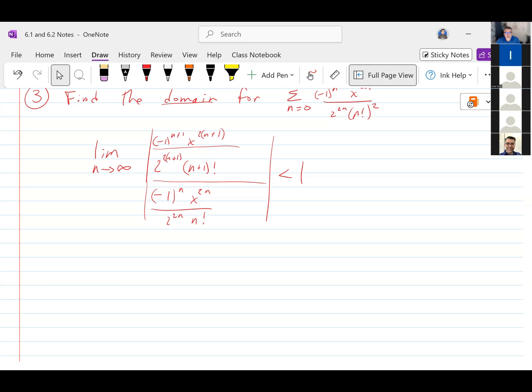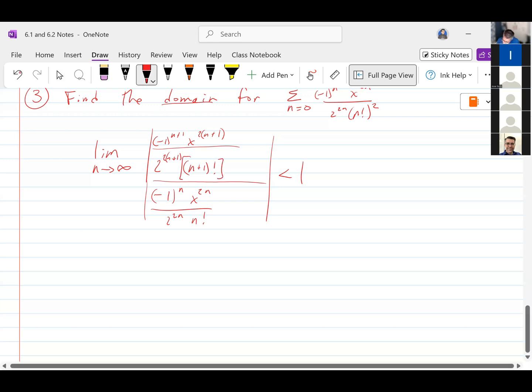I think he's still muted. Okay, no square root. I'm not square root, it's squared, the n factorial. Oh, thank you. Yes, I did drop that. Okay, so we're going to have that squared.